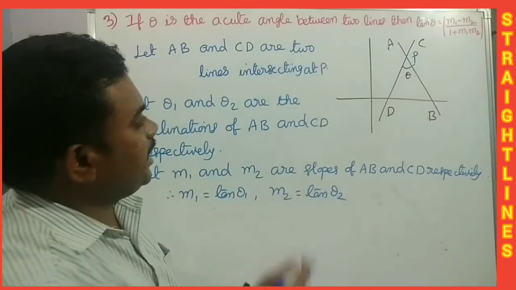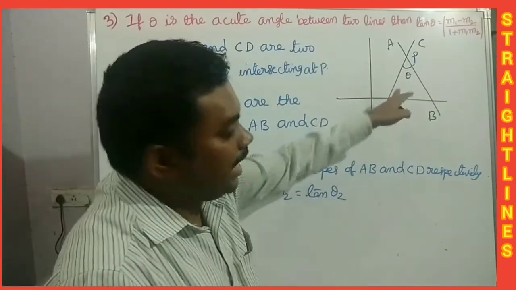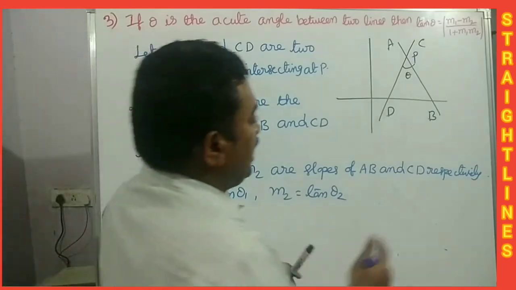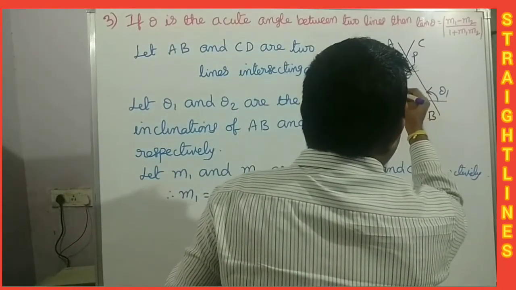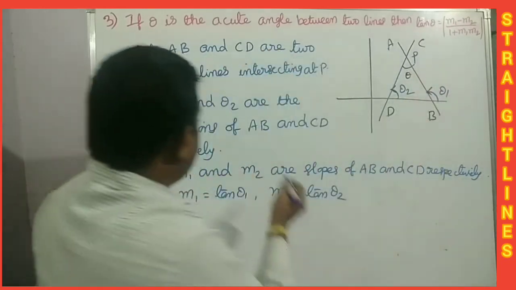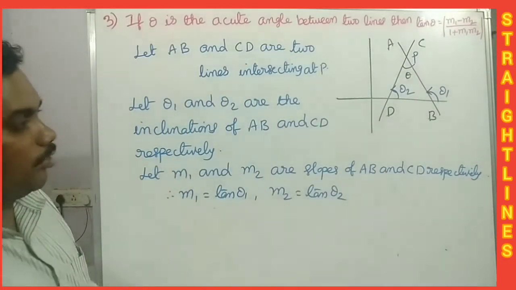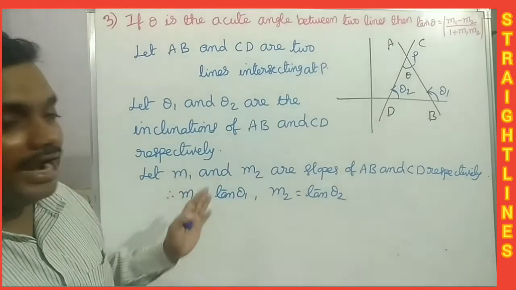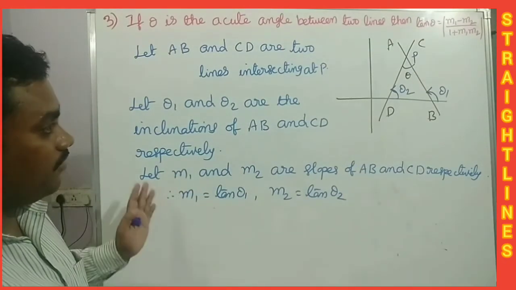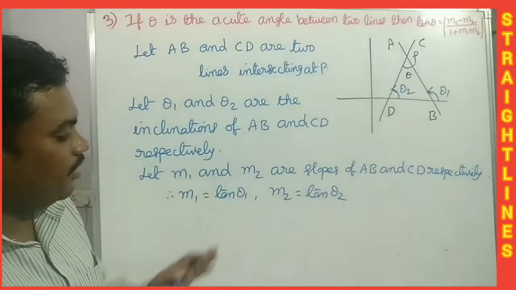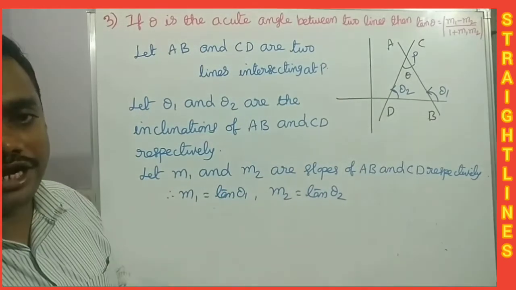AB and CD intersect at P. Let theta be the angle between the two lines. Let theta 1 and theta 2 are the inclinations of AB and CD respectively. Let M1 and M2 are the slopes of AB and CD respectively. Therefore, M1 equal to tan theta 1, M2 equal to tan theta 2.